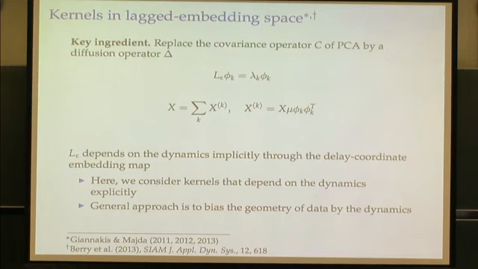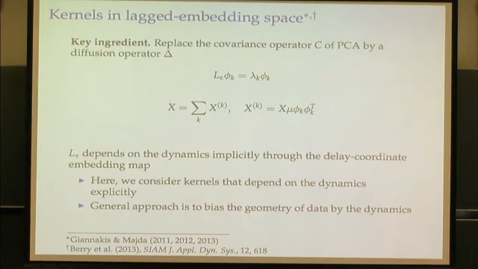For example, we tried this procedure in the case of the Charney-DeVore model of Dan, and we found that using these as basis functions for Galerkin truncation leads to superior performance compared to using standard EOFs. So they had better performance in Galerkin reduced models.